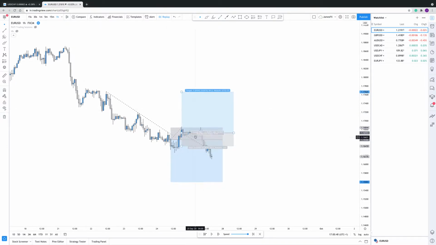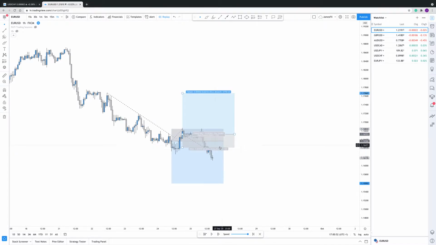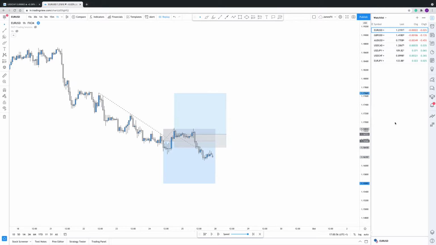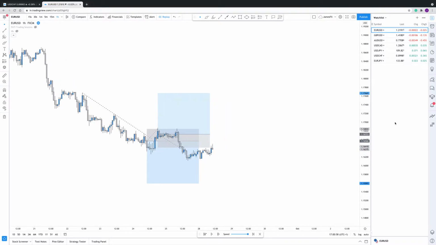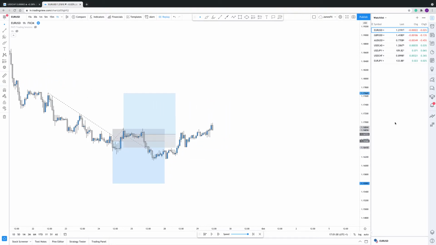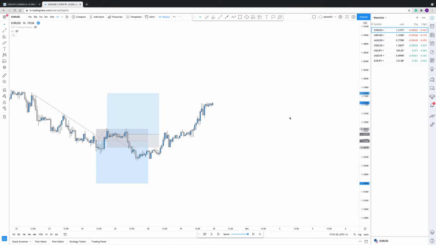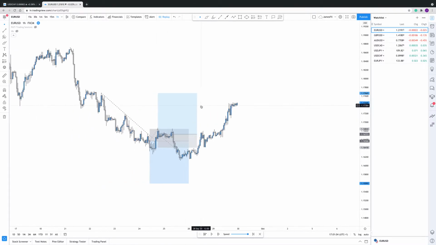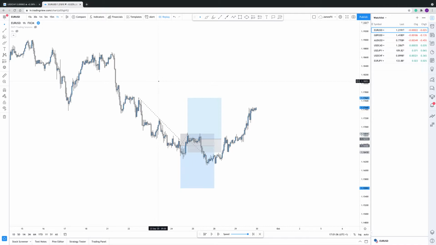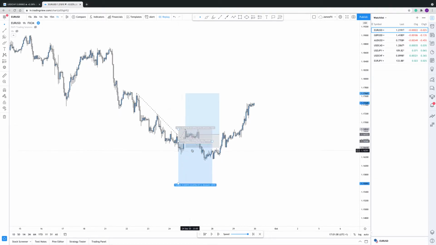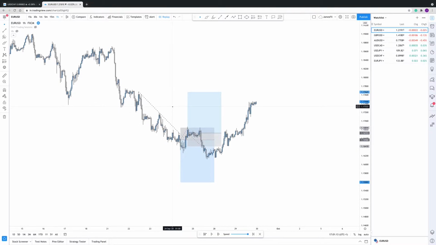Now that we've taken liquidity and we've got the fuel to actually move the market, that's what's going to happen next. We can now see a move in one direction, which is what we got here. Price then commits to one direction because it now can, because we've taken liquidity from buyers and sellers.